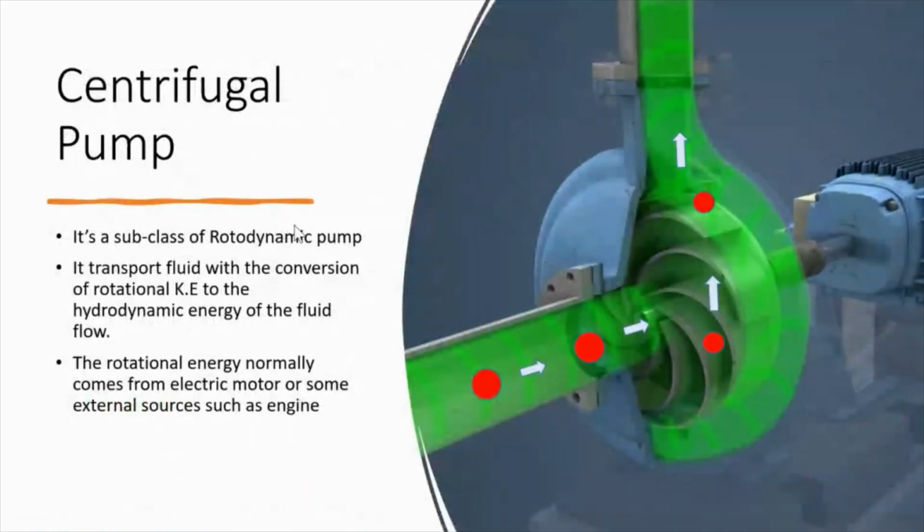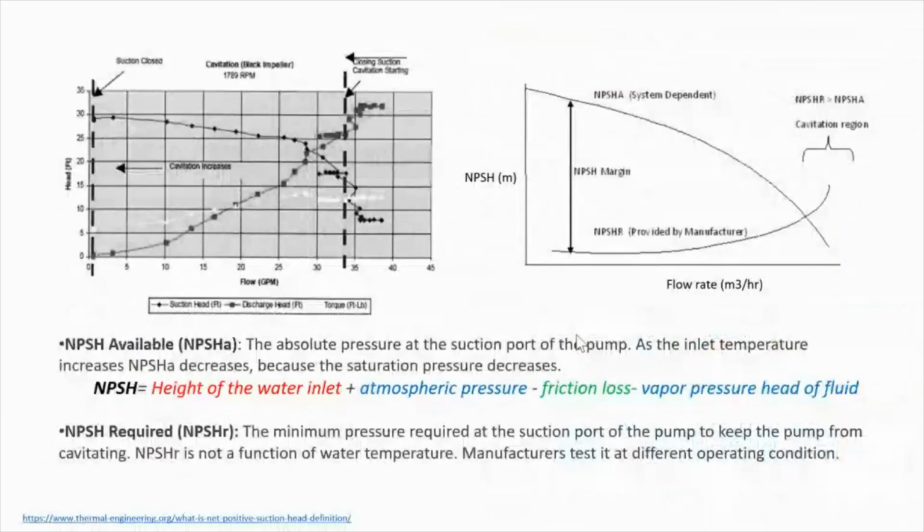If you remember this picture that I just told you about, something needs to push these water particles into the center, right? What can we use to push the particles? Well, we call it pressure head, or NPSH available. Basically, it's the height of the water inlet plus the atmospheric pressure.